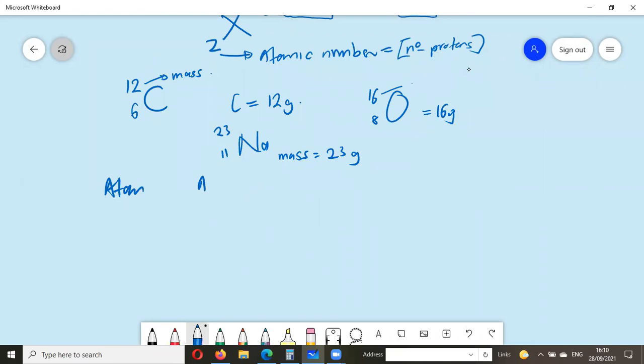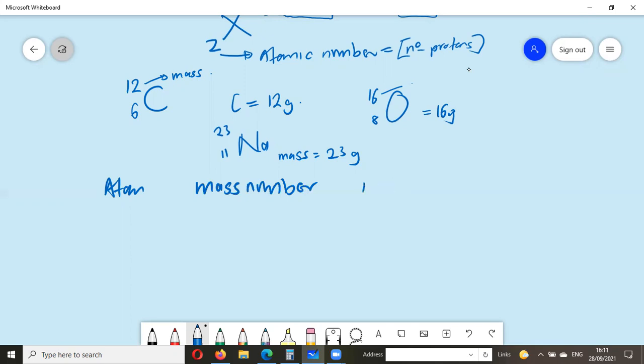Let us look at the mass number. So atom, then mass number. Then after mass number, we shall look at the molar mass. When we say molar mass, it means 1 mole. Are you getting it?